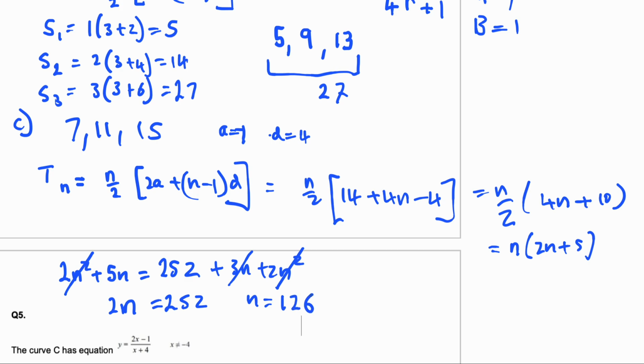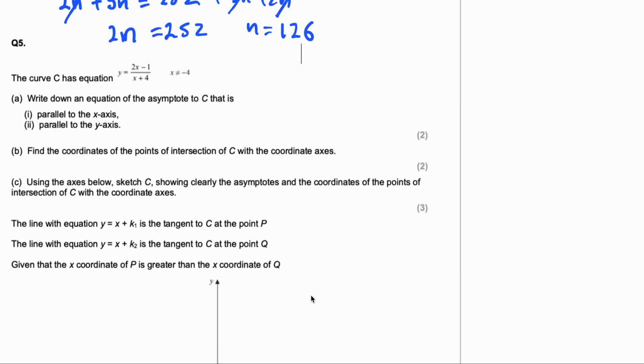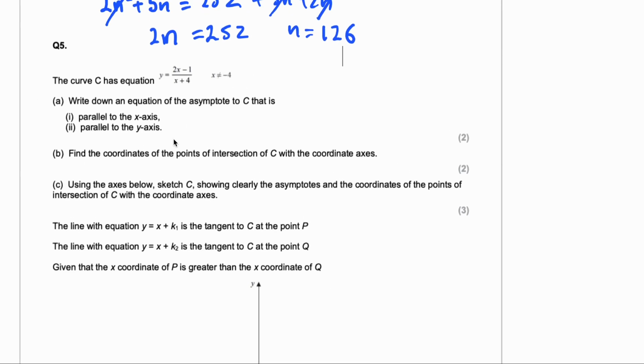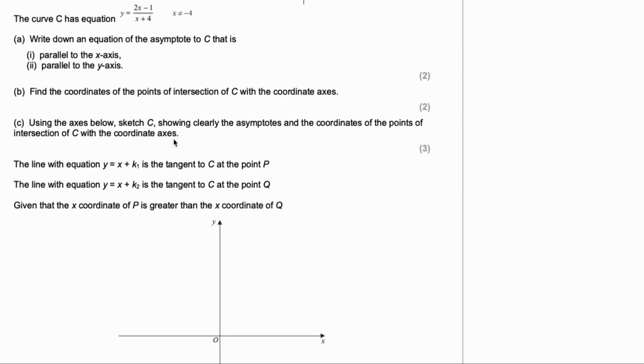Okay, question 5. The curve C has equation y equals 2x plus 1 over x plus 4. Write down an equation of the asymptote to C that is parallel to the x-axis. So parallel to the x-axis means like this.